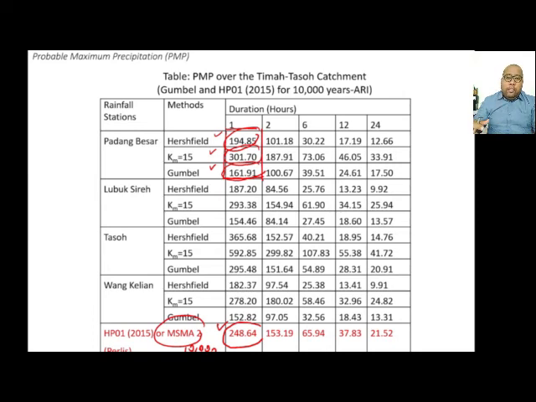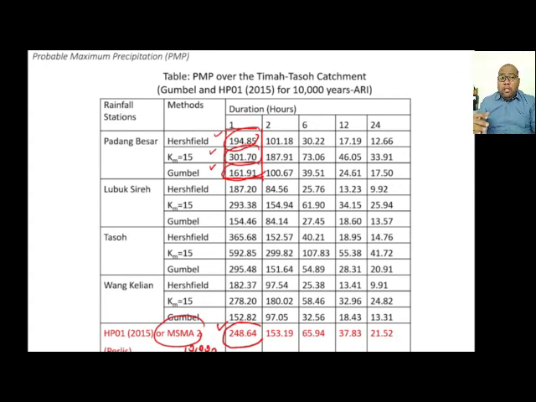So that increases the cost. But if we select the lowest PMP value, for example in this case around 161.91 millimeter per hour, it will reduce the cost because the spillway that we need to design does not need to be very large, because it takes a very low value of rainfall, which is the PMP value.